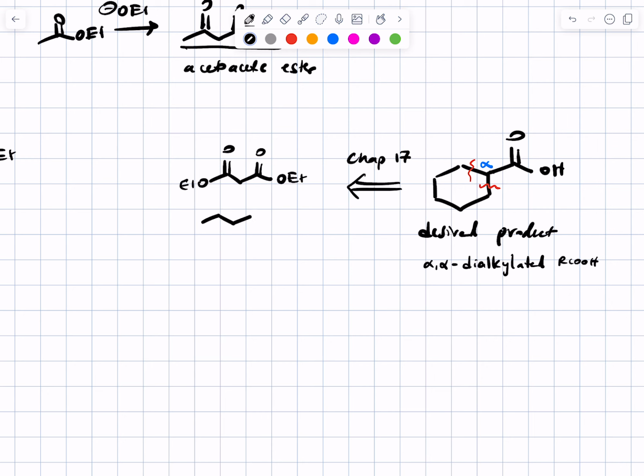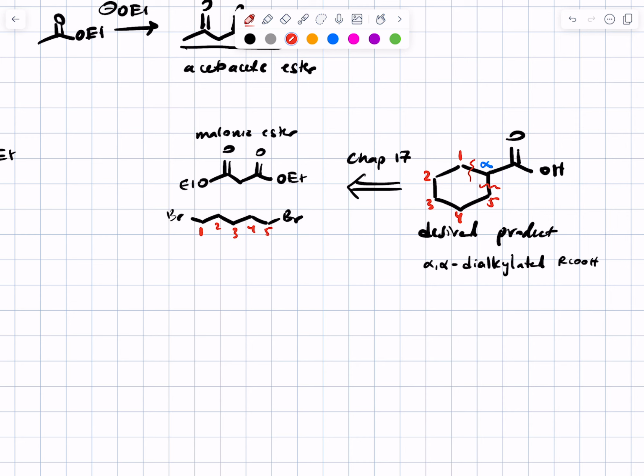hopefully with a little bit of practice, you'll be able to see how you could have gotten this product from malonic ester as a starting material and a 5-carbon alkyl halide. I won't draw that mechanism. I'll summarize it briefly.